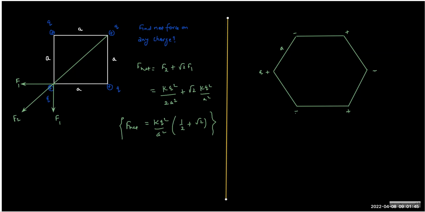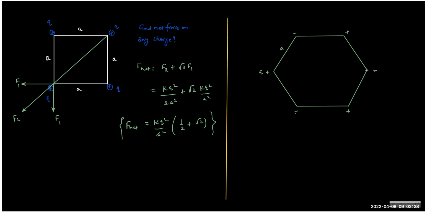Okay, sir. Sir, I'm getting 5F by 4 minus F by root 3 in the horizontal, positive x-axis direction. Sir.